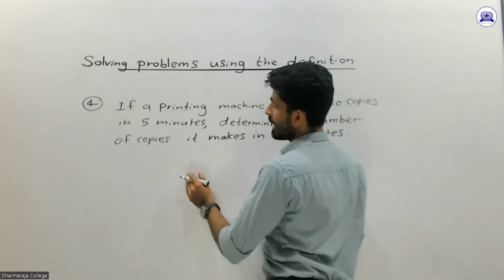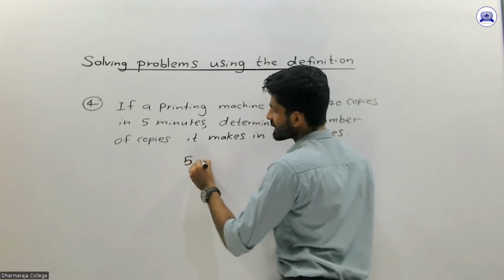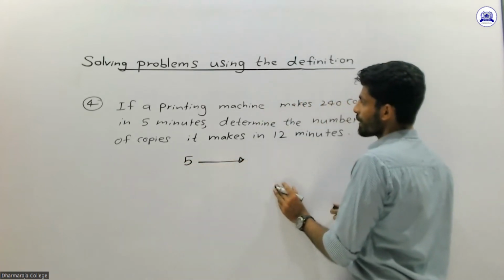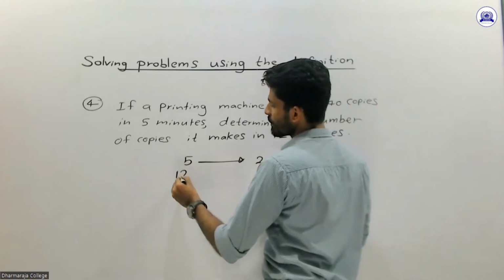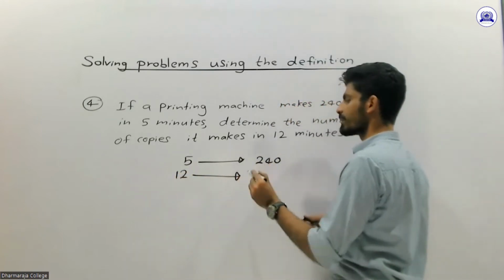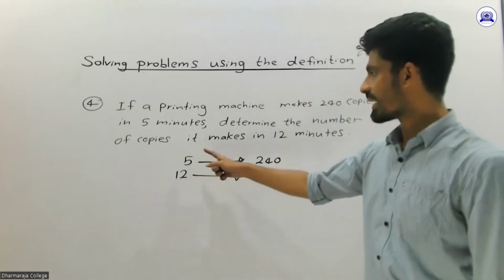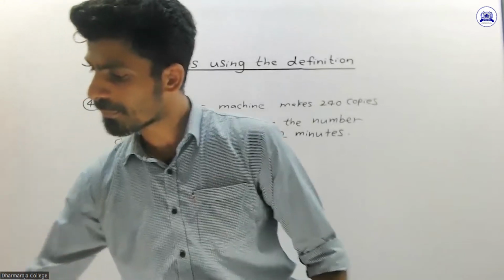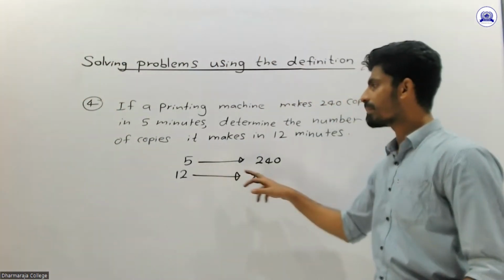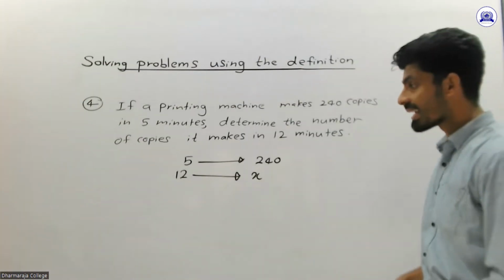For the 5 minutes, the printing machine makes 240 copies. You're asking for the 12 minutes. I'm just asking for the X. For the 5 minutes, 240 copies. For the 12 minutes, what is the answer for X?